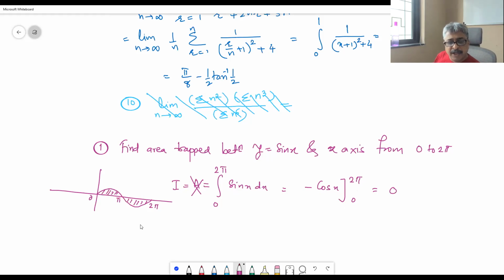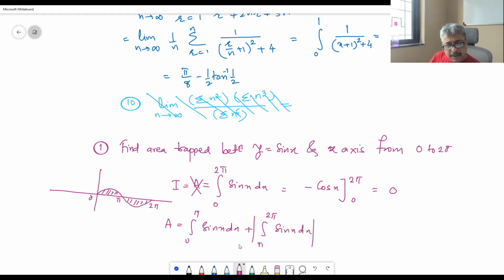Right? So it is a definite integral, correct answer. But if you are solving it for area entrapped, we can see some area entrapped between the curve and the x-axis, so we might as well find it out. Therefore we will have to break it into parts, 0 to pi and pi to 2 pi. So area is equal to integral 0 to pi sin x dx plus integral pi to 2 pi sin x dx.